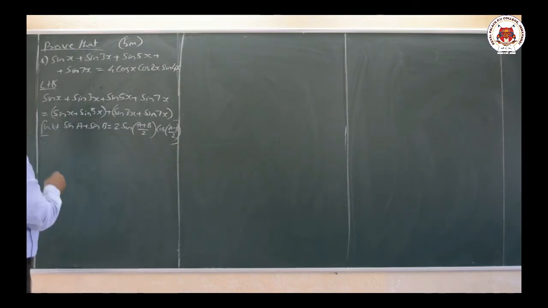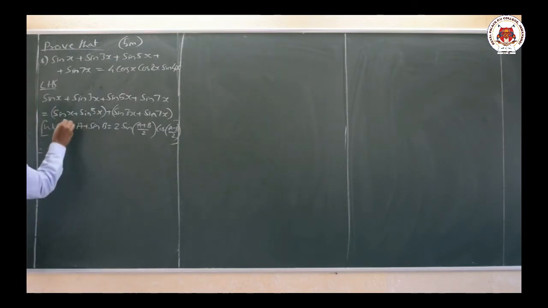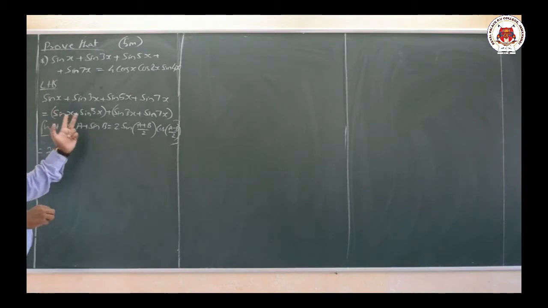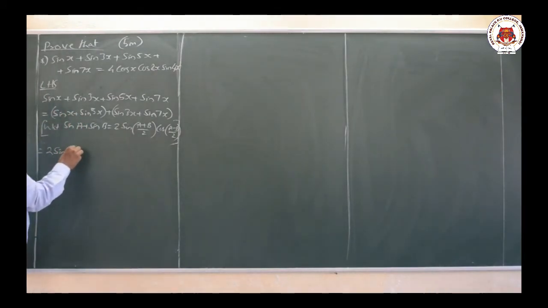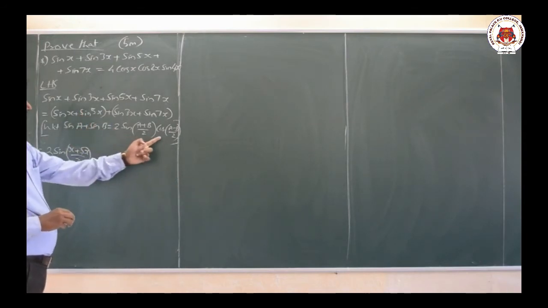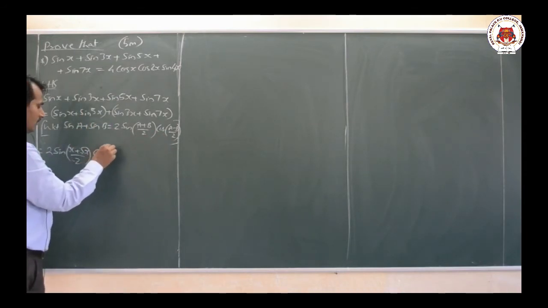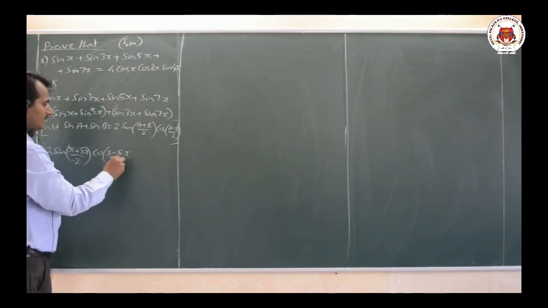Dear students, what we get is 2 sin of (a plus b) by 2. A plus b here is x plus 5x, that is 6x, divided by 2. Next is cos of (a minus b) by 2, that is cos of (x minus 5x) divided by 2.